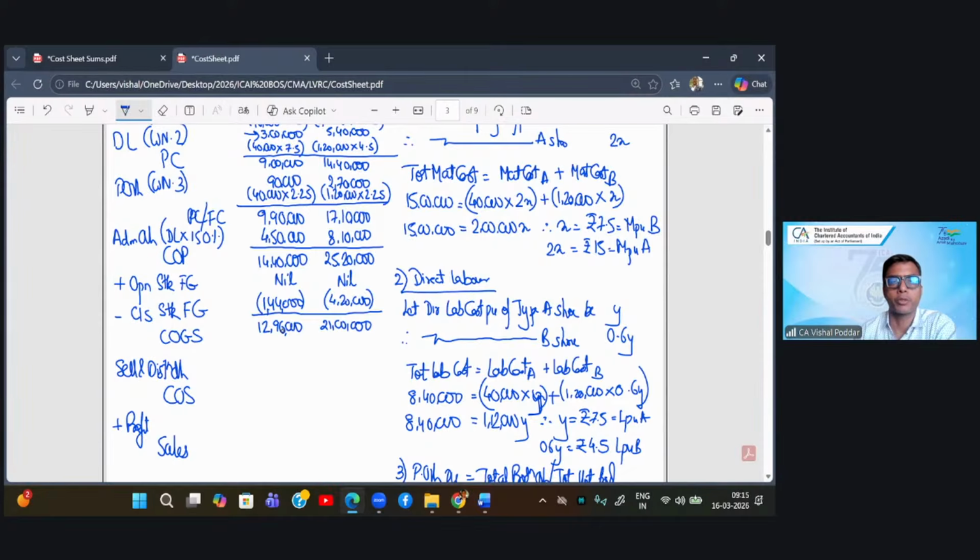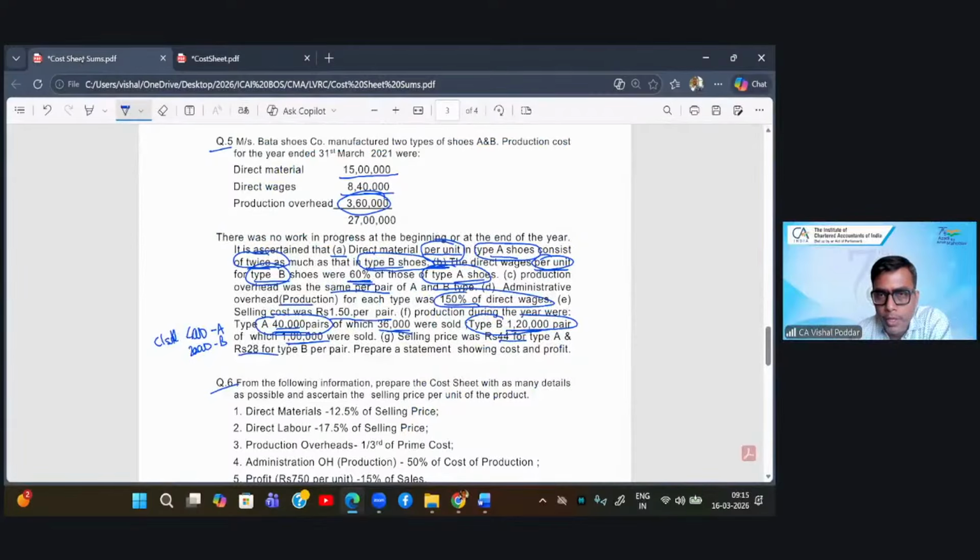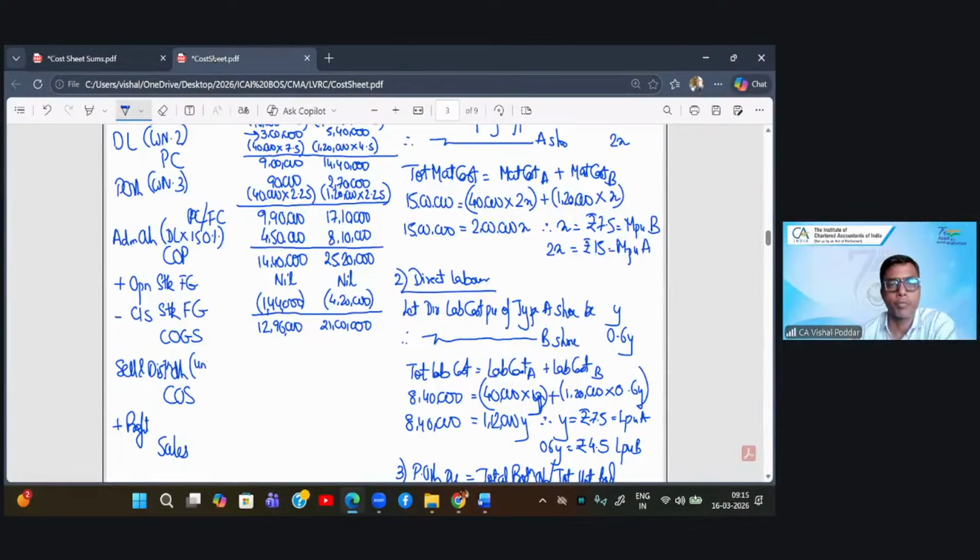Now comes selling and distribution overheads. How much is it given? Selling and distribution overheads is 1.5 per pair. Now, importantly, students, selling cost will be calculated on units sold. So it will be units sold into rupees 1.5. Now, how many units have sold here? 36,000 units are sold.